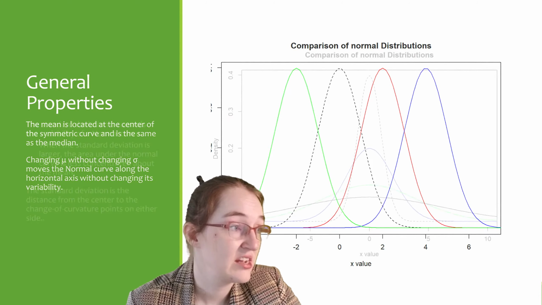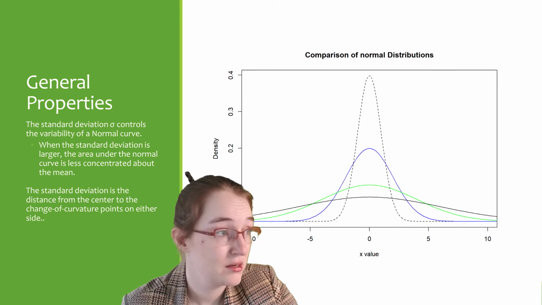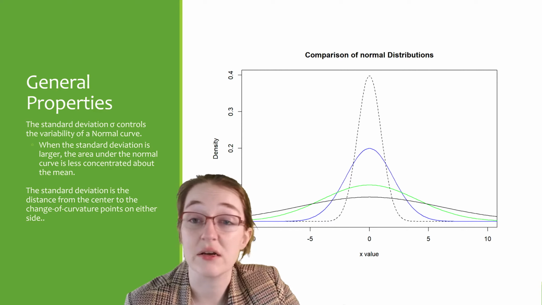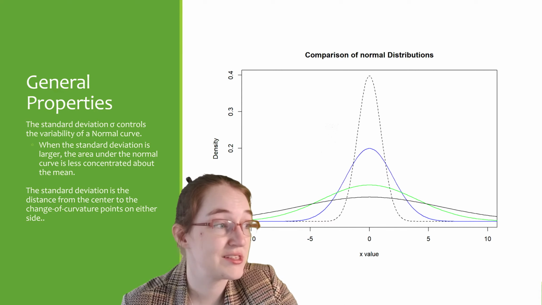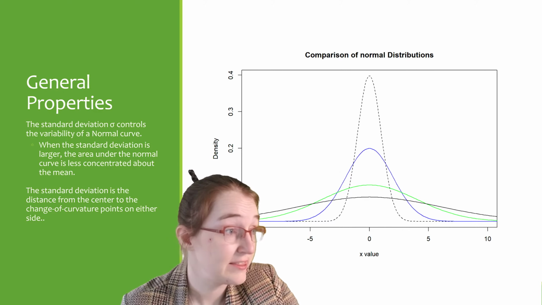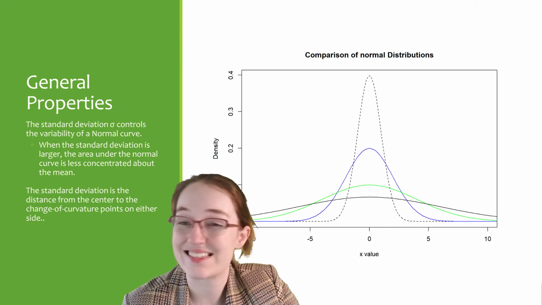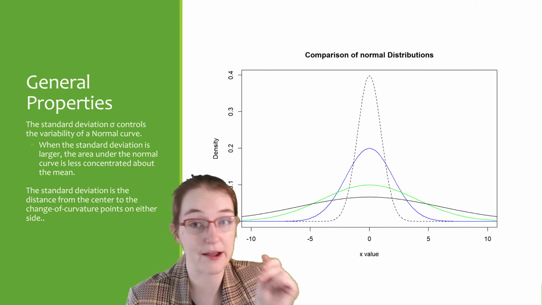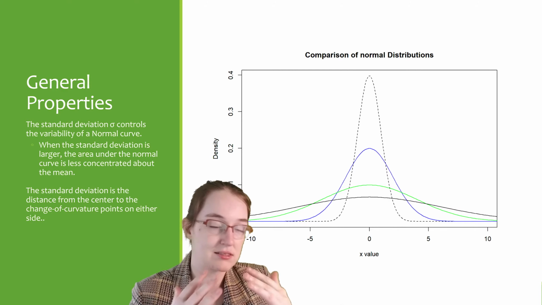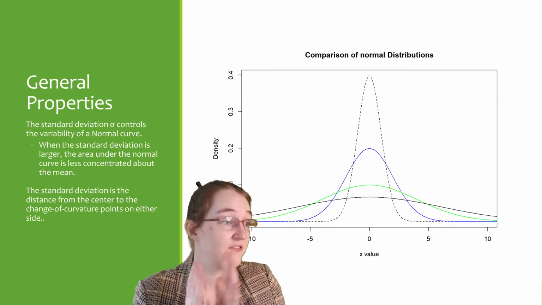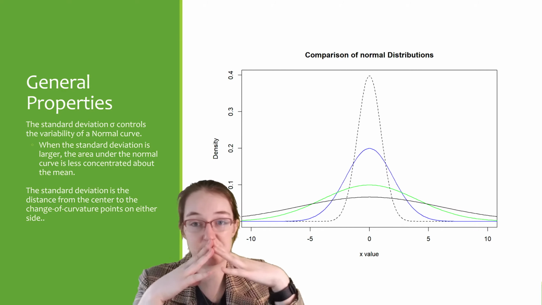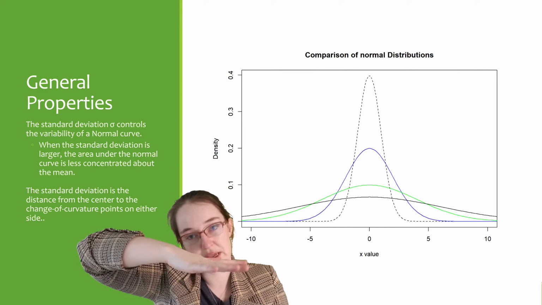Standard deviation, sigma, controls the variability of a normal curve. When the standard deviation is larger, the area under the curve is less concentrated. They have the same area, but for high variability, it's spread out. It's like smooshed like a pancake.